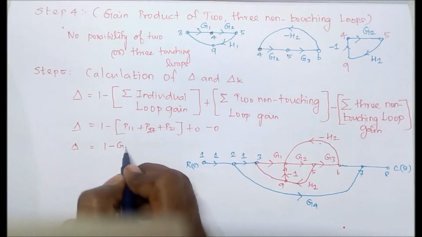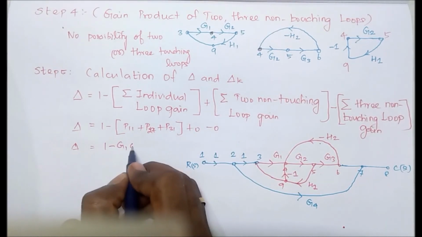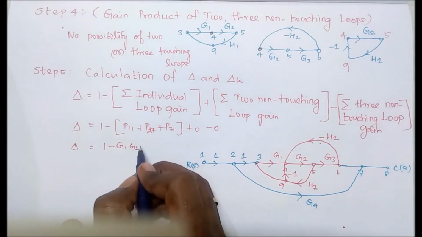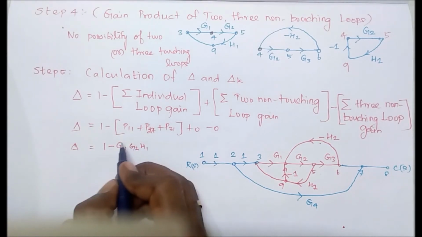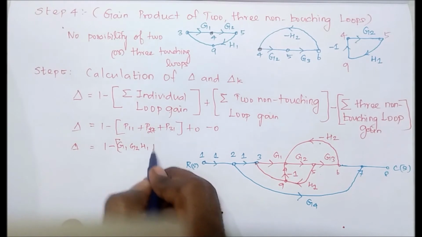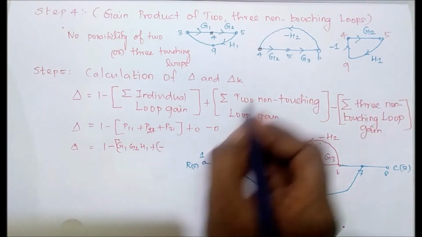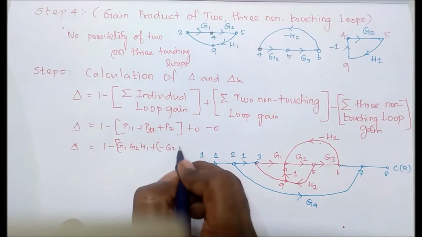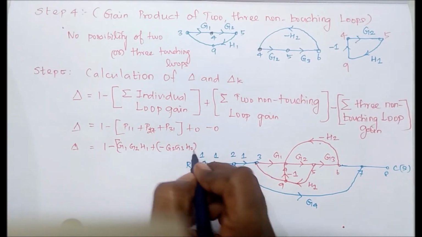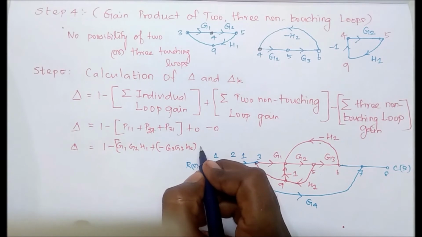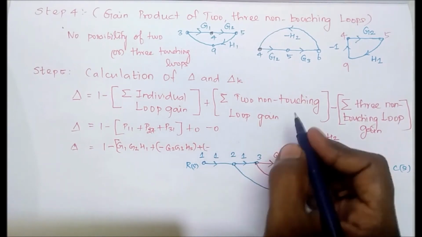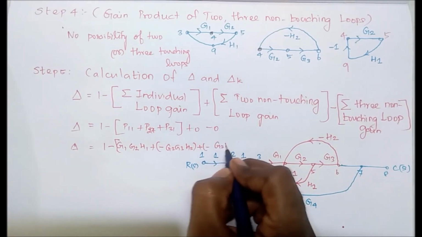Therefore, 1 minus G1 G2 H1 plus its gain is minus G2 G3 H2 plus minus G2 H1.